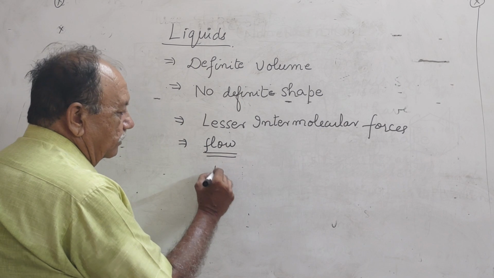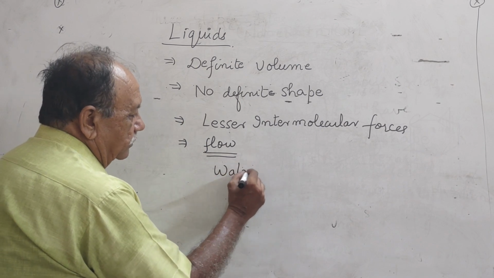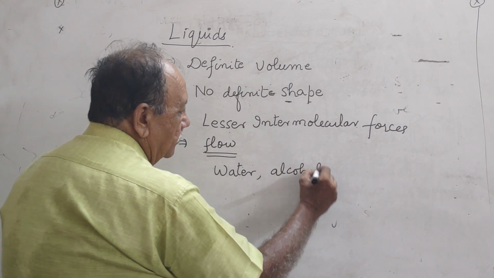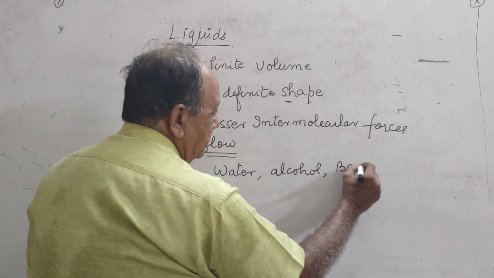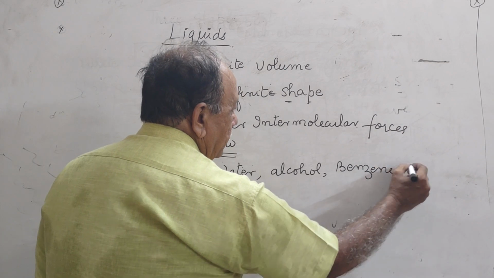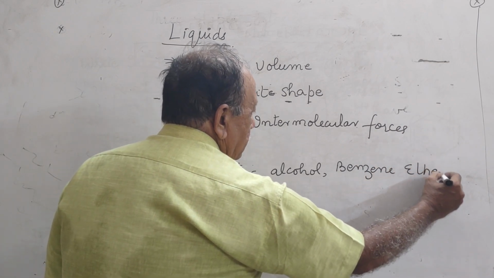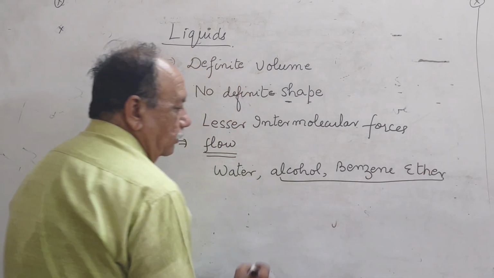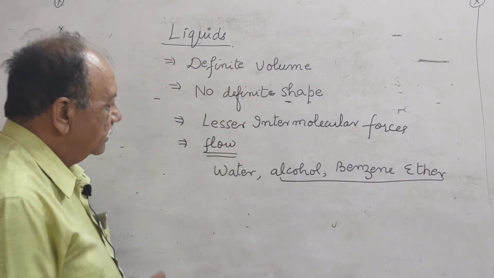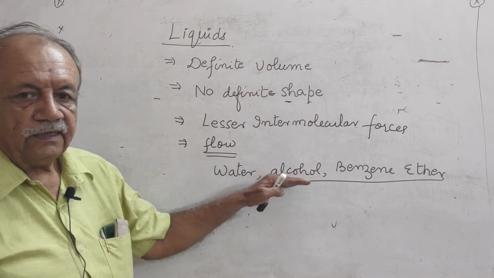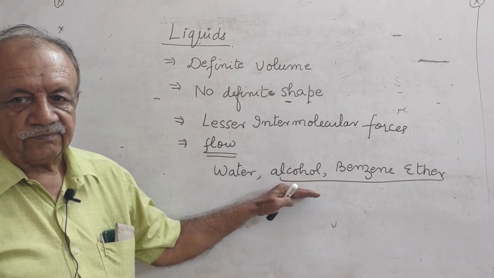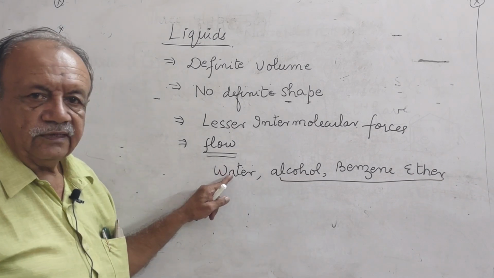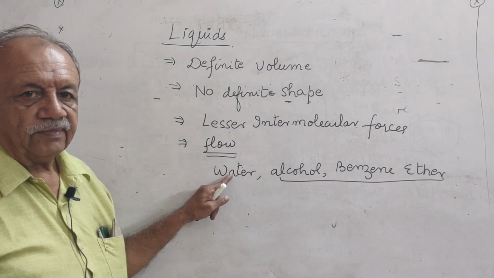Simplest examples: water, alcohol, benzene, ether. These are organic compounds. These are all examples of liquids. Now, some liquids are colorless, tasteless.